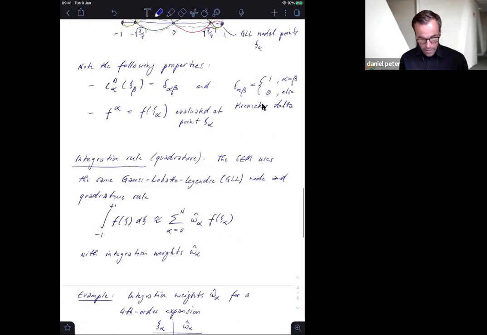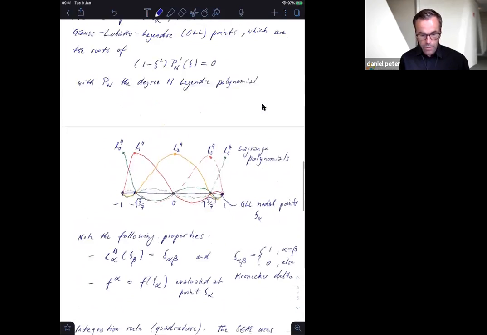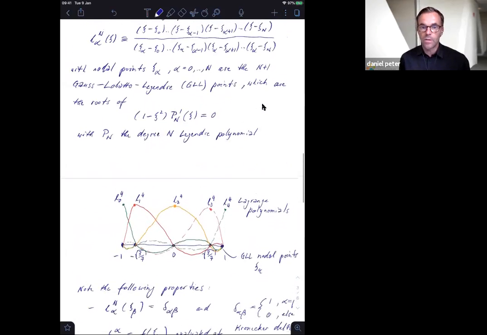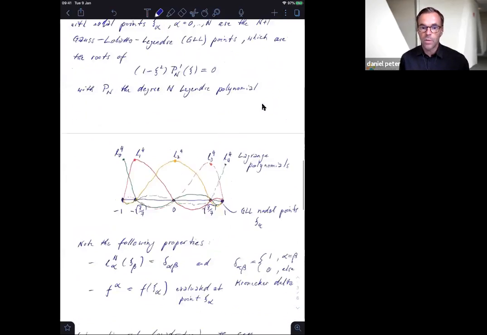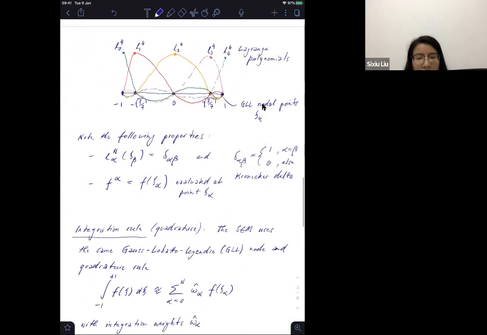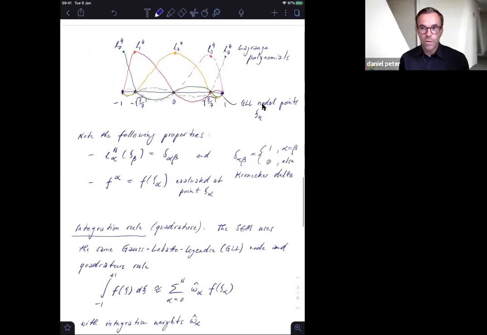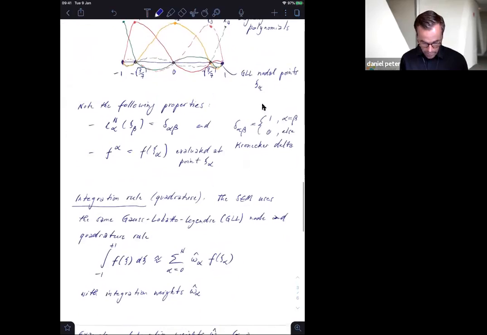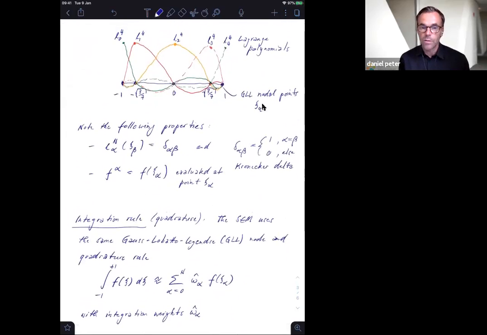So think of these two as the main ingredients which make it a spectral element method: Lagrange polynomials and the GLL quadrature. And the rest now follows pretty much the finite element approach. But you see that this choice here is a very clever choice.